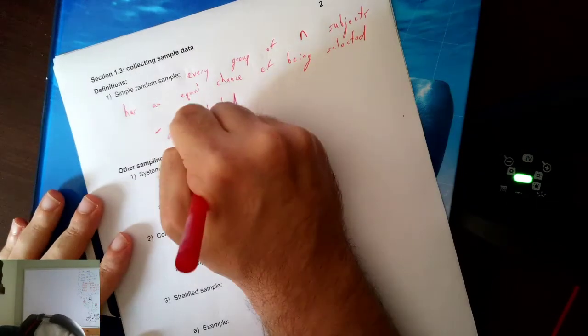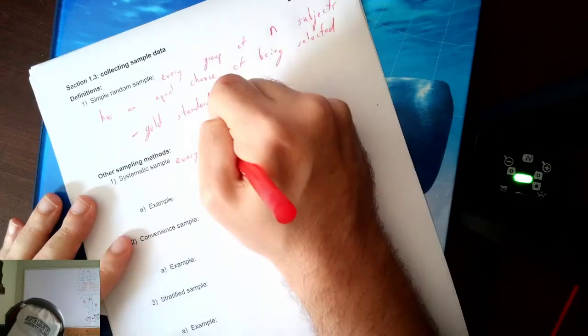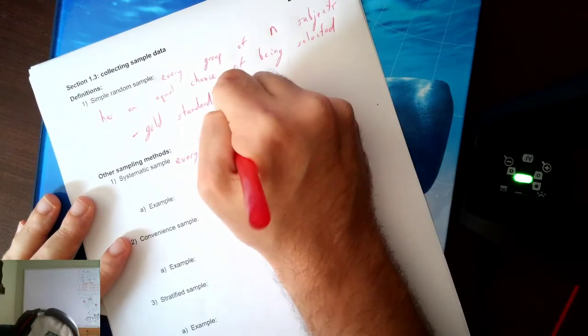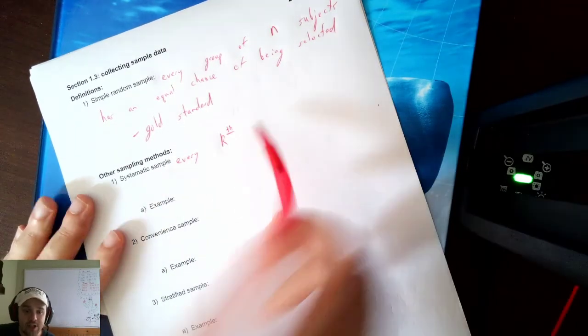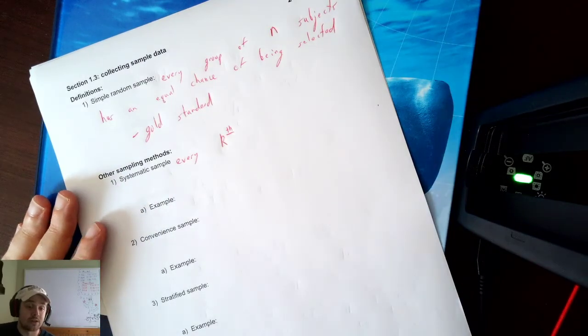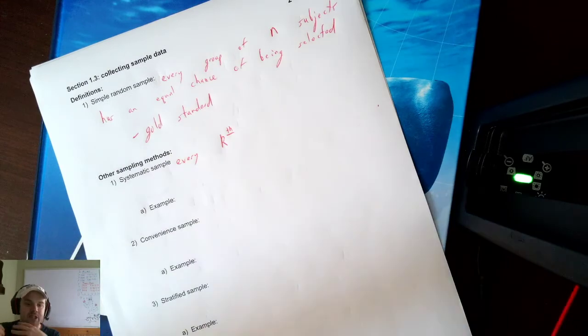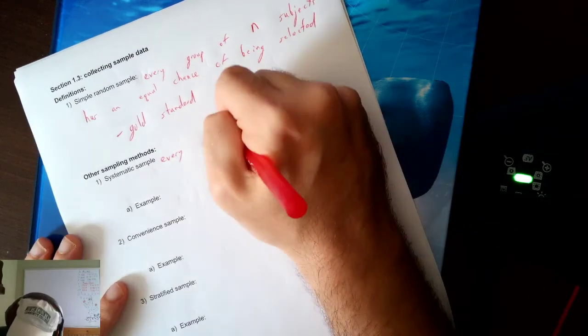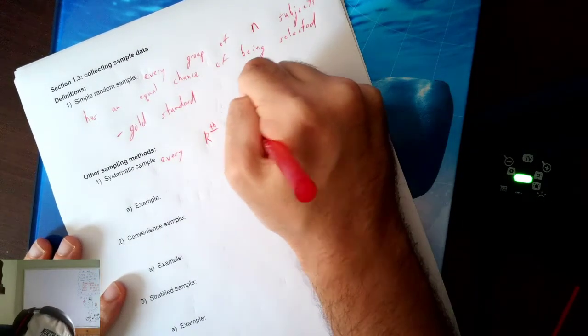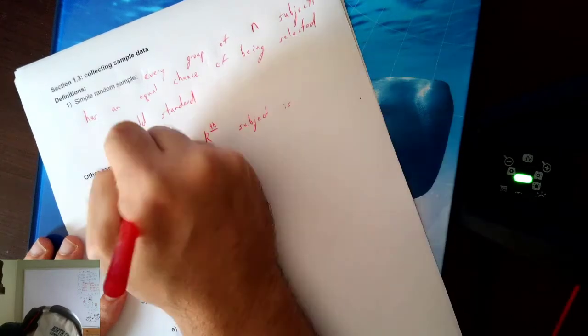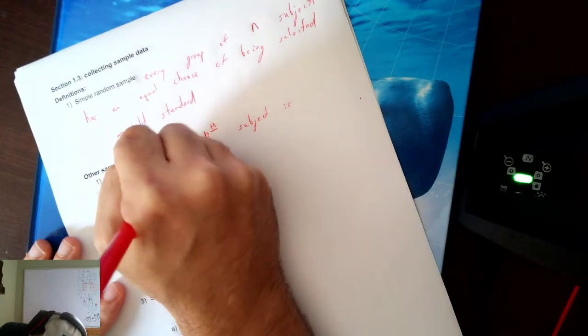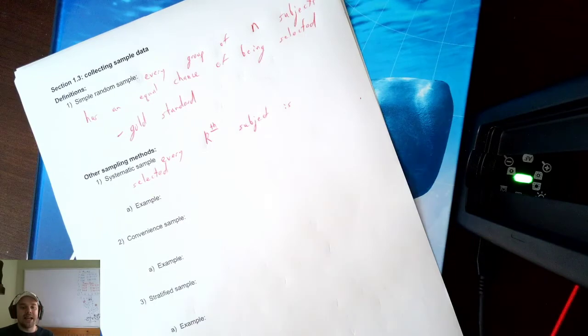And here, every kth, k to the th, think of it like first, second, third, fourth, fifth. K is just a random number, so maybe every 7th, maybe every 25th. Every kth subject is selected. You select every kth subject.